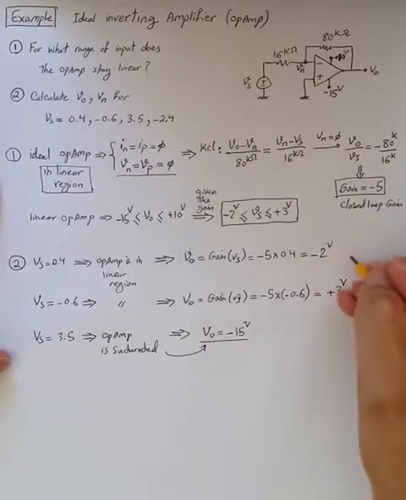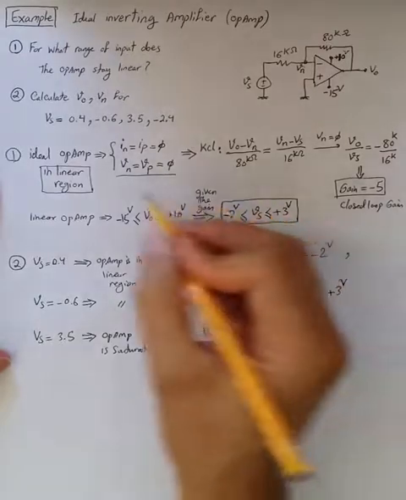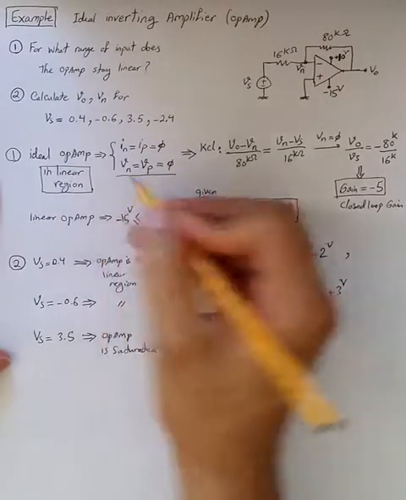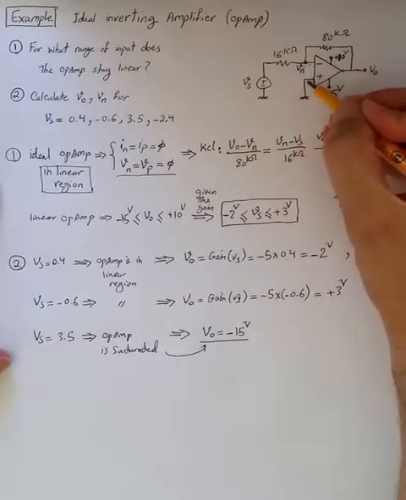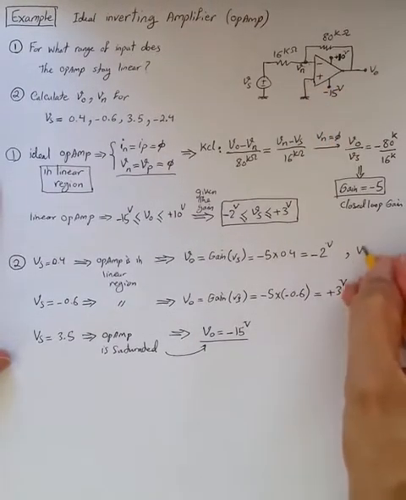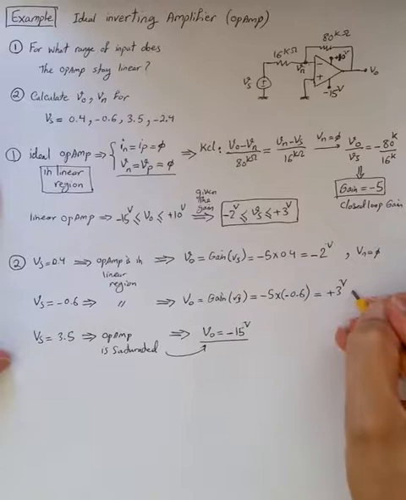In the previous cases, the op-amp was not saturated, so we could say these conditions are valid. So Vn remains equal to Vp, and since Vp is ground, Vn also remains equal to 0.